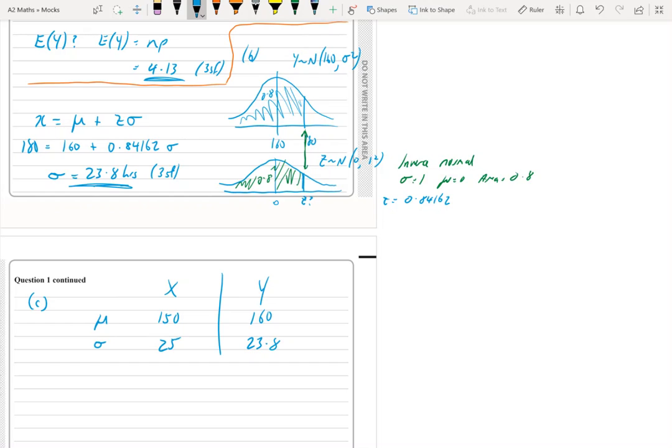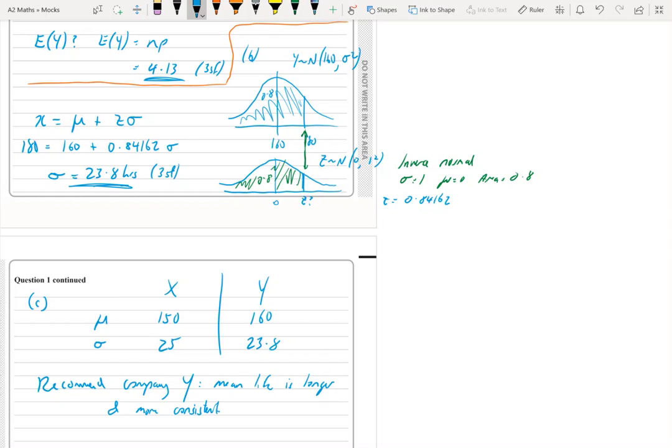So I would recommend company Y for 2 reasons. Their mean life is longer because that 160 is greater than 150, and they are more consistent, slightly more consistent, because 23.8 is smaller than 25.